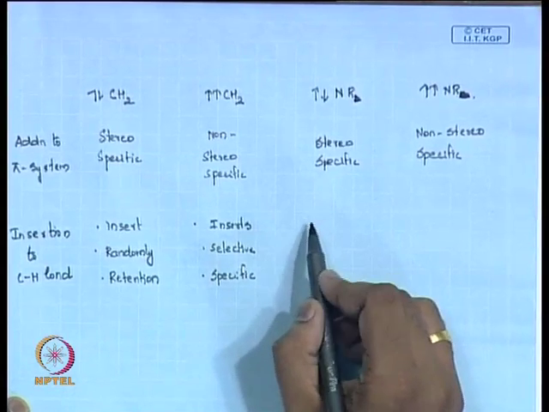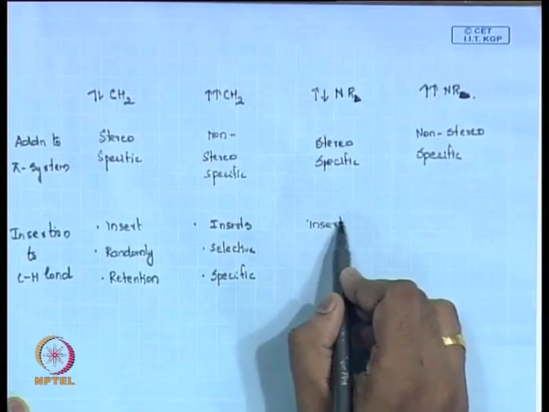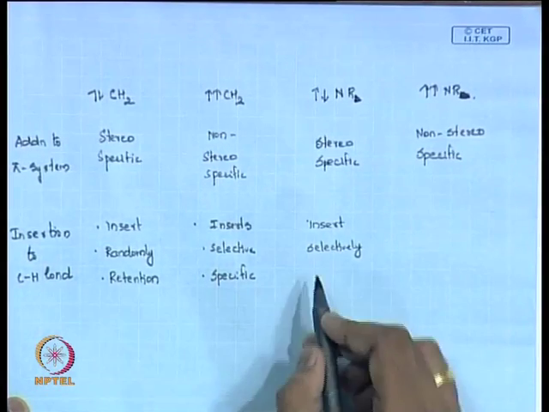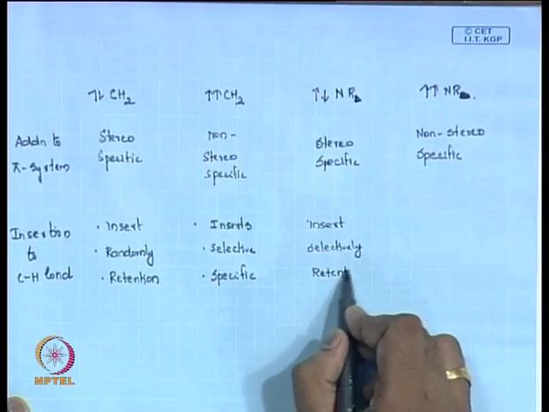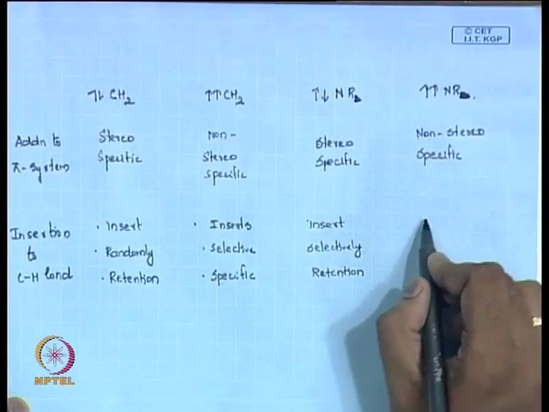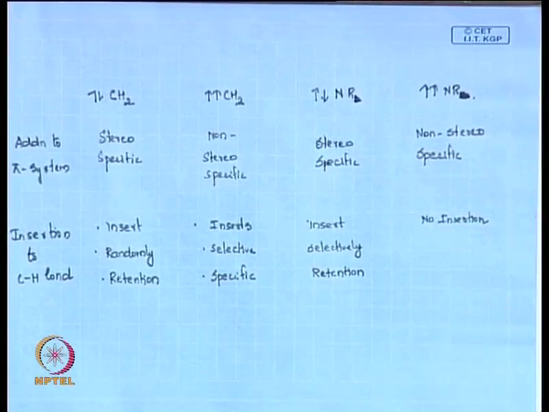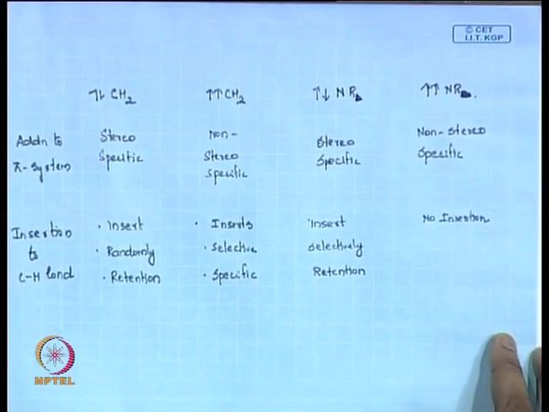Singlet nitrene, yes, it can insert, but there is selectivity there, and it also does retention. Triplet, no insertion, you cannot see any insertion there. So that's all the major points about your organic reactive intermediates. These are the two which you study most of the time, carbenes and nitrenes. Okay then, thanks.